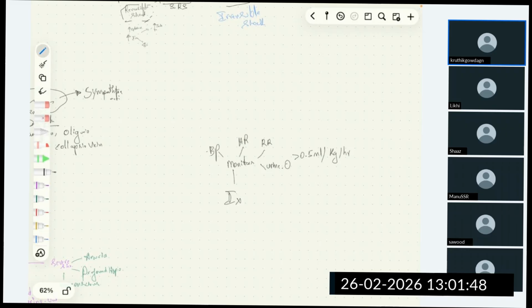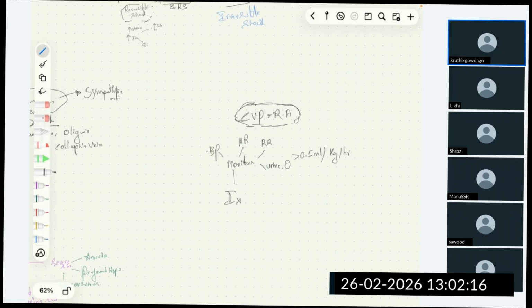After this, we have central venous pressure monitoring. For central venous pressure monitoring, we need an ICU setup. Central venous pressure will give us the right atrial pressure, so we can adequately monitor the fluid response.